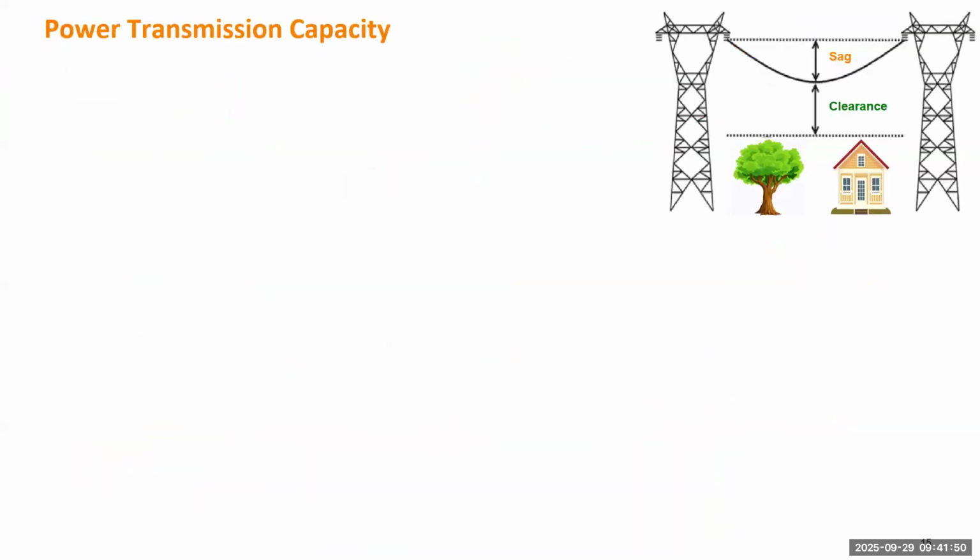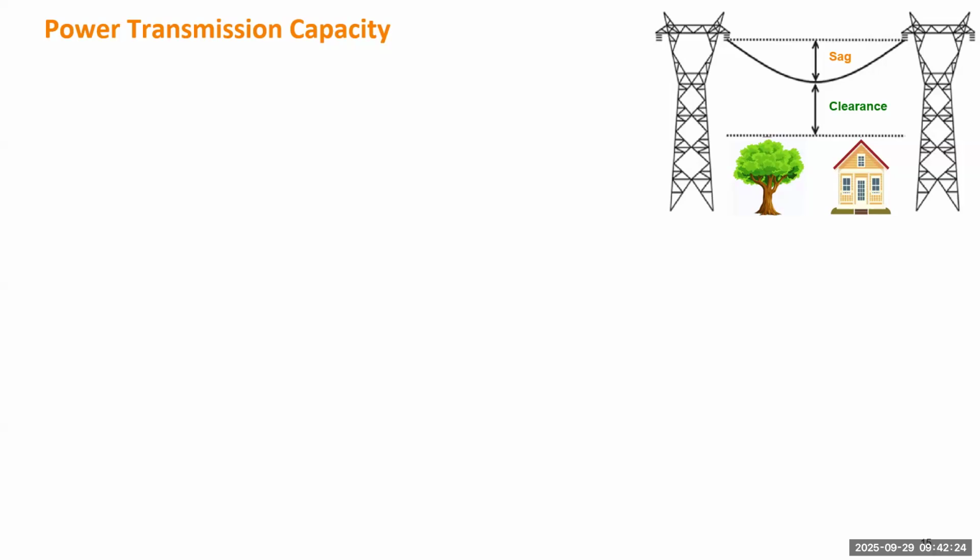All right, so next we can talk about the transmission capacity of the line. For each line, we can split the line into many segments. Each segment will be connected to the neighboring segments through a tower. Usually you won't see the line being completely straight.